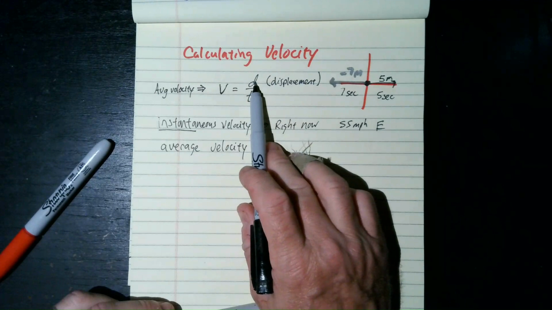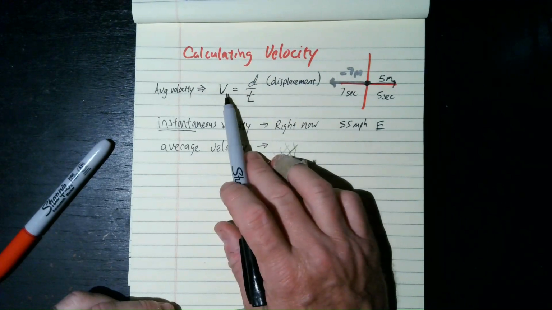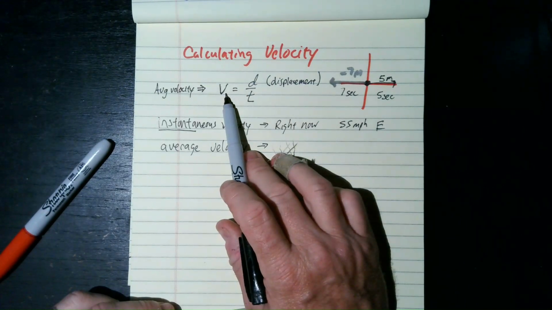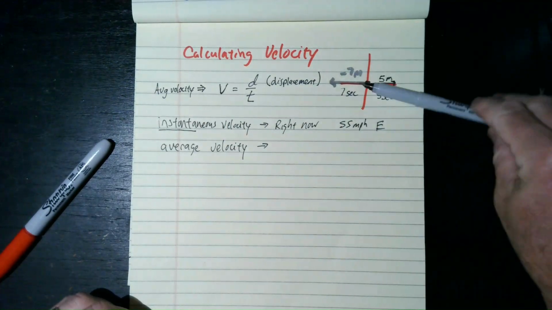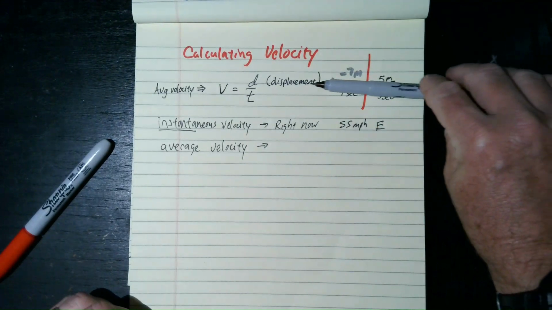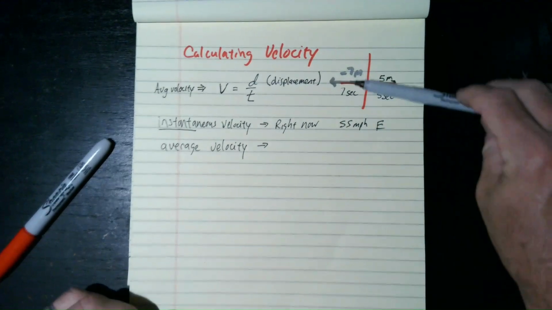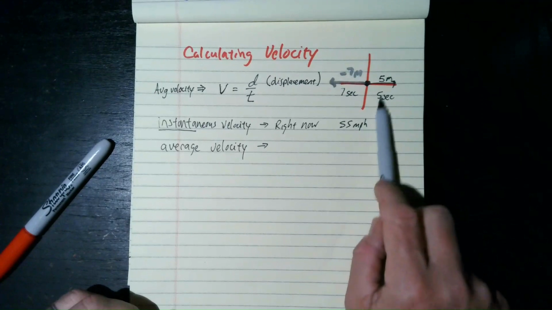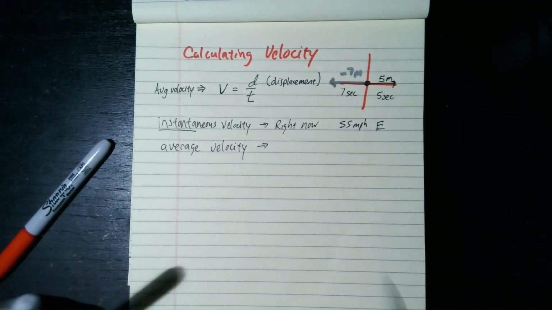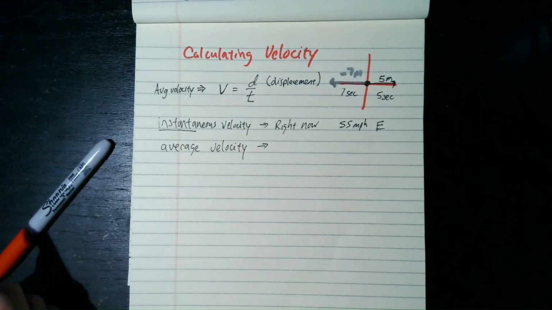Well, my displacement is -7 divided by 7. I'm going to get a velocity that is -1 meter per second. What does that mean? Well, that means I was moving in whatever direction I said was the negative direction. We're generally going to assume that this way is negative and this way is positive, although not always.